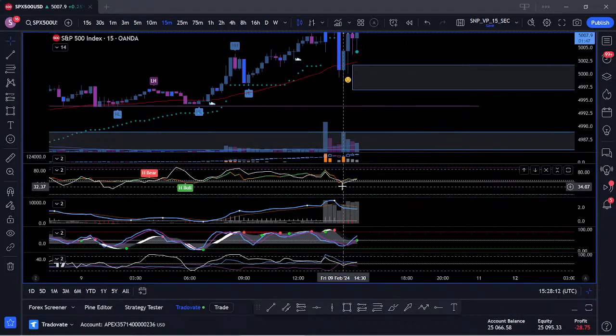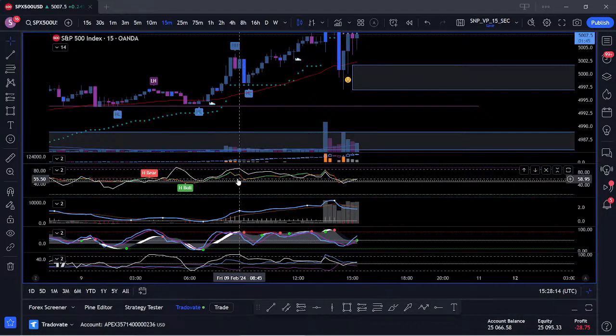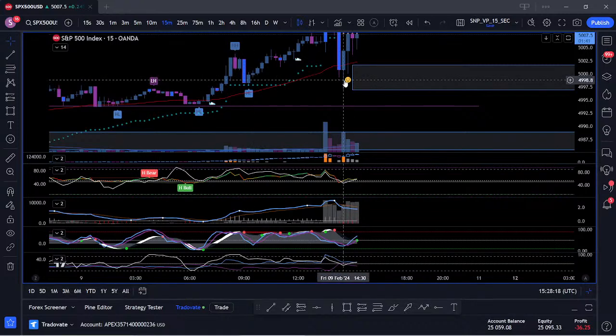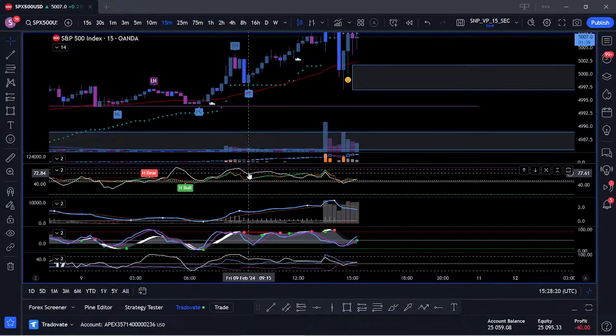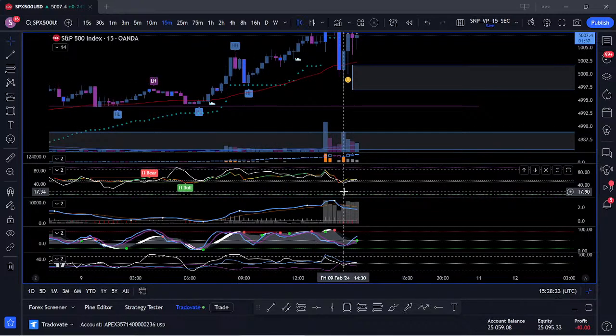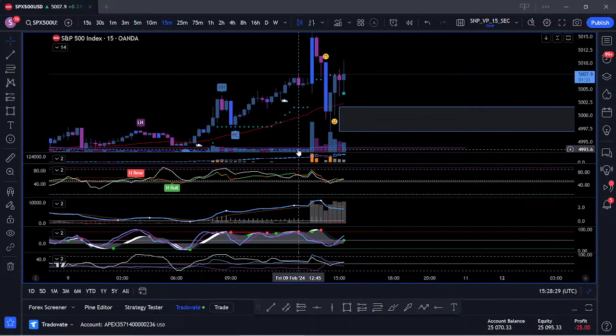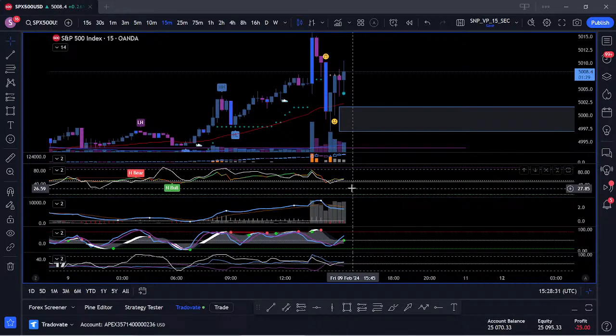Lower low. But look at the volume. This is supposed to be a straight line with the MFI, but it's not. It's way oversold. So there is a hidden divergence on the MFI.